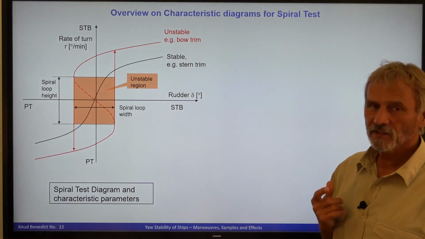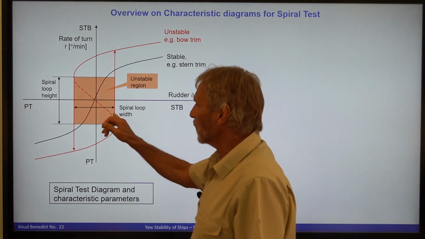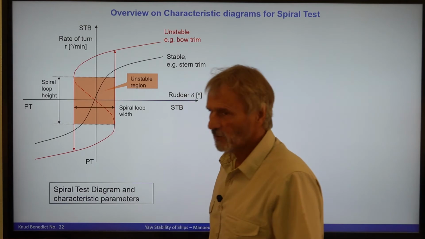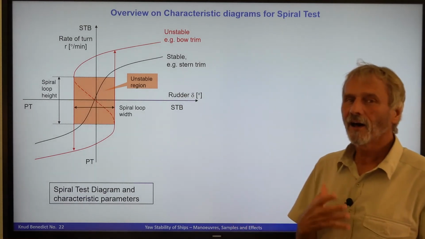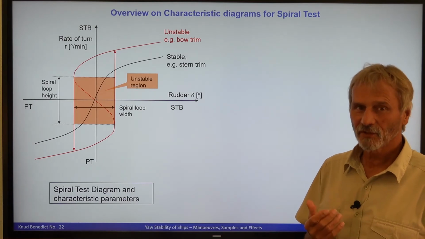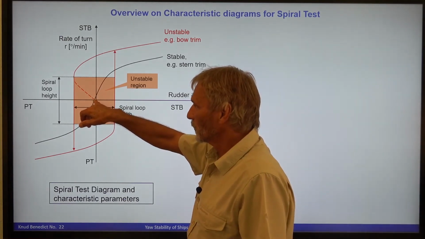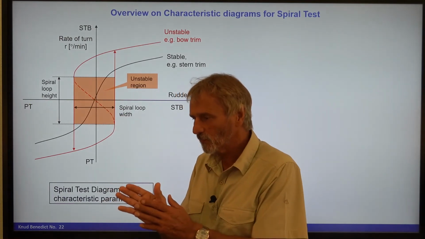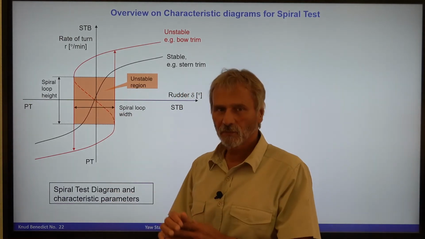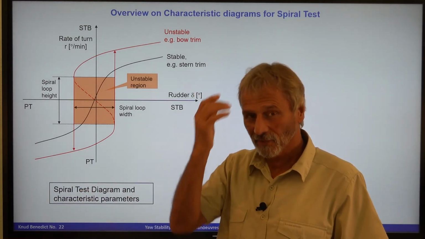What I should say is it's important that these conditions on the broken line are hard to measure in a trial, for instance. You would try to stabilize the ship around maybe midships. That's what you're doing in your course keeping activities.